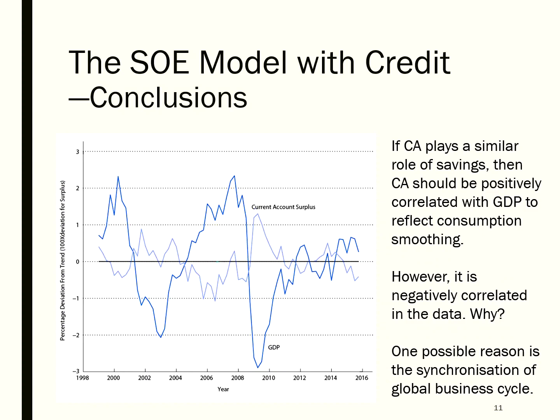Well, if the current account plays a similar role to savings, then the current account should be positively correlated with GDP to reflect the consumption smoothing. However, as you can see from the data on the left, the current account and GDP are obviously negatively correlated. So how can we explain the discrepancy between the theoretical prediction and the empirical observation?